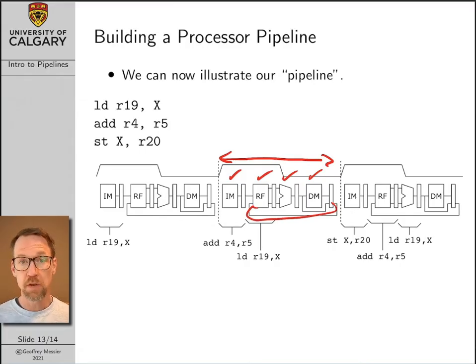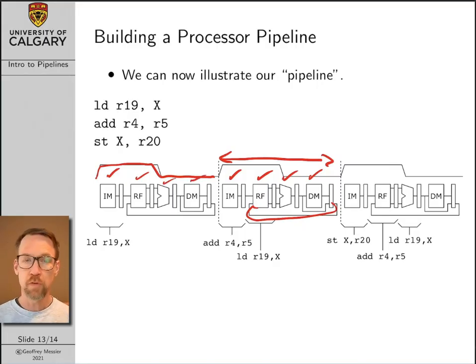Now, our clock period only has to be long enough for one of these stages. The length of our clock is basically as long as the longest stage in our microarchitecture, whether it's instruction memory fetching, registers, ALU, data memory.